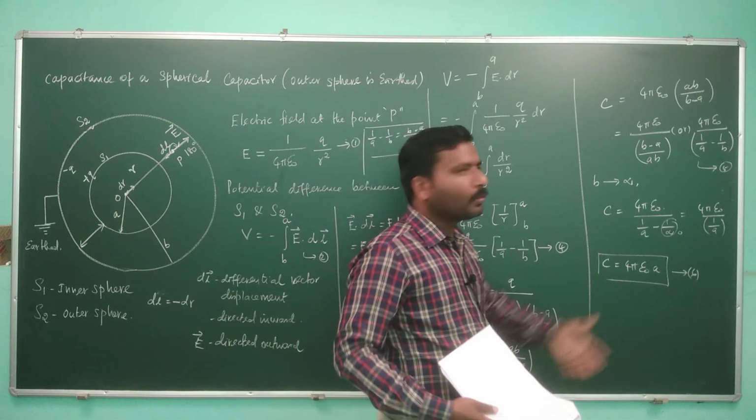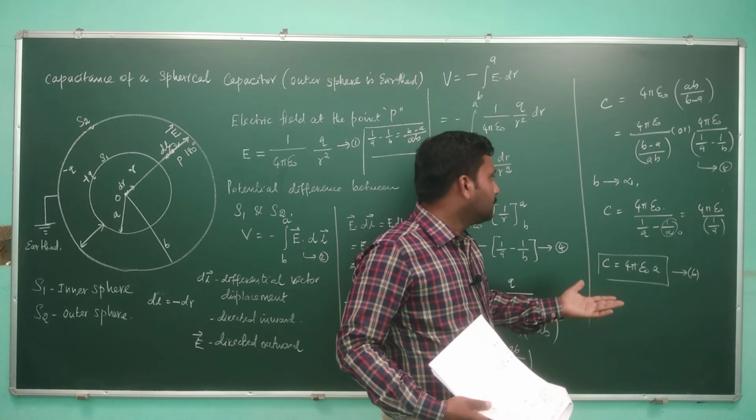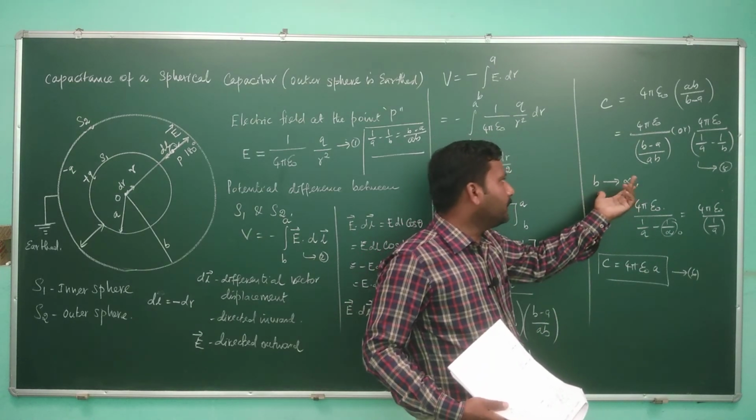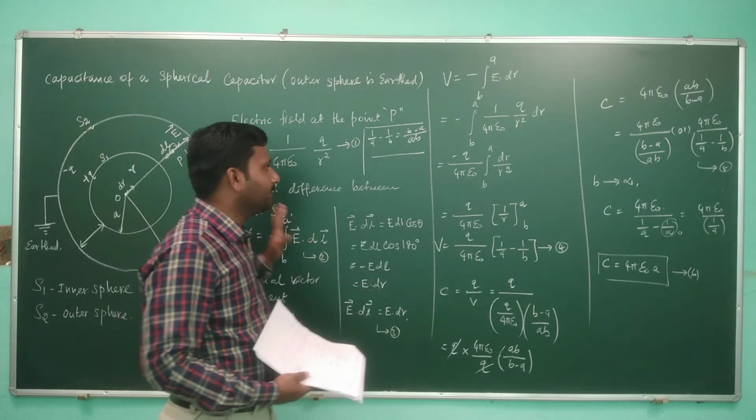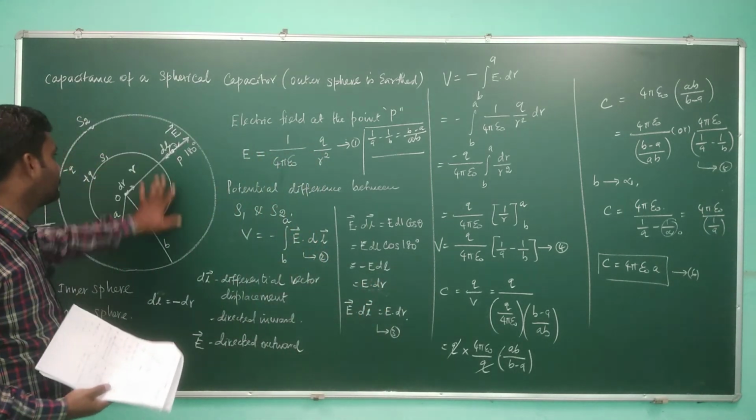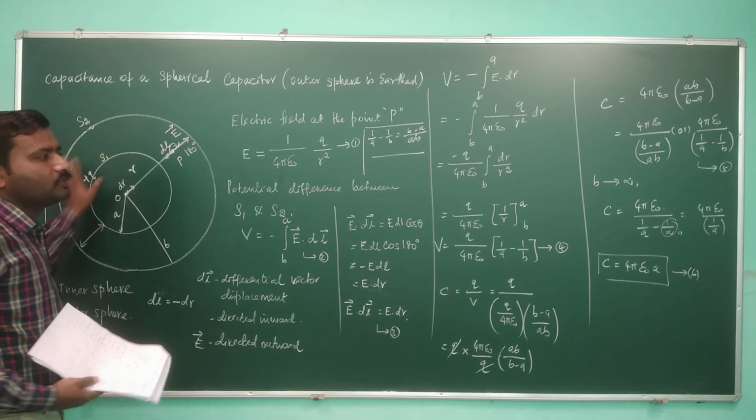And we have gone to one more point by assuming that if B, that is the outer sphere, goes to infinity, then the case becomes this one, that is the capacitance of a charged sphere.